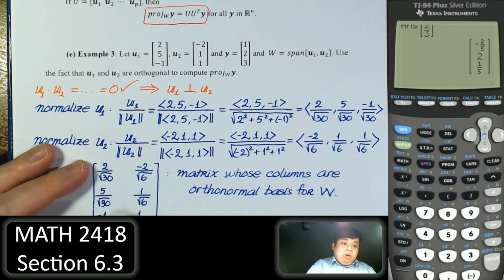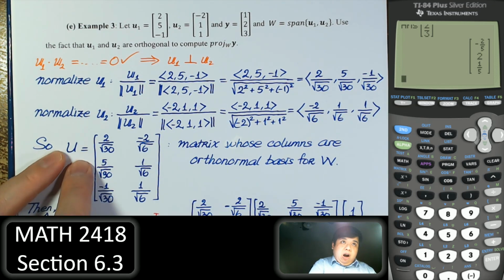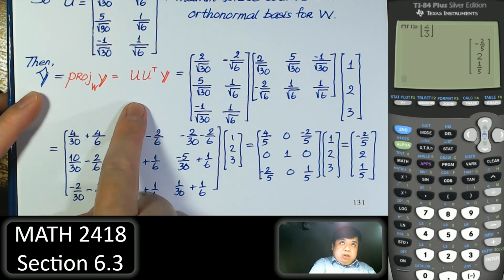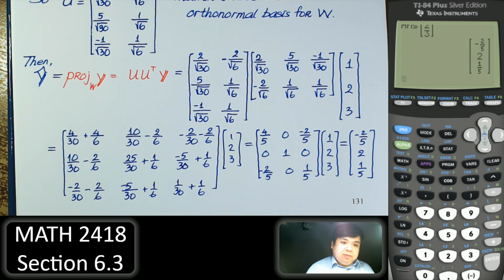Or we turn all the vectors into the normalized version, so we have U, and the projection is just U times U transpose times y. And of course we should get the same thing. And that's all I want to cover in section 6.3. Thank you for watching, and see you in another video in linear algebra.